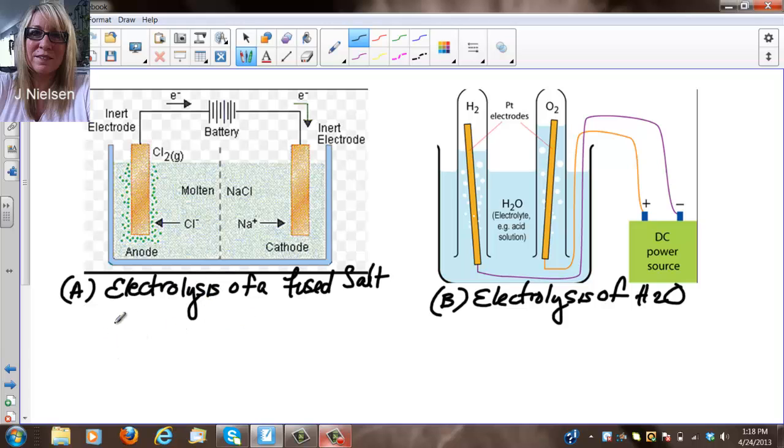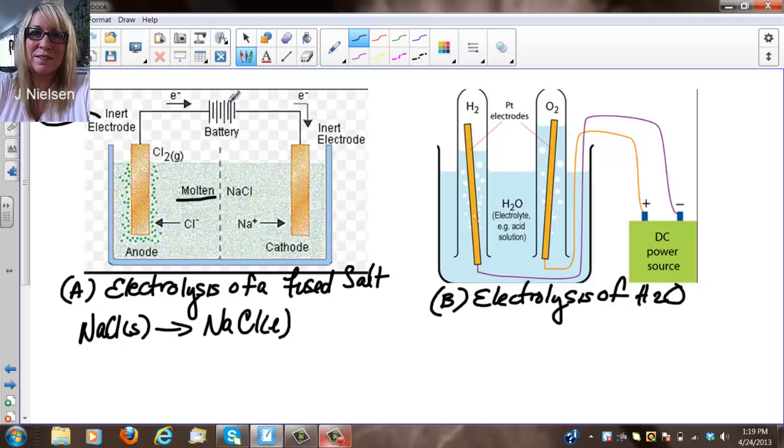So in this example, we started with NaCl solid, which we then heated and became NaCl liquid. Molten just means liquid. So this is liquid NaCl in here. So it had to be an extremely high temperature. And I have 2 inert electrodes. So these electrodes are usually made of platinum, Pt, because they're not reactive.